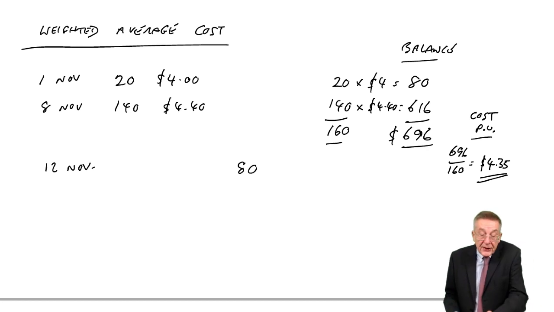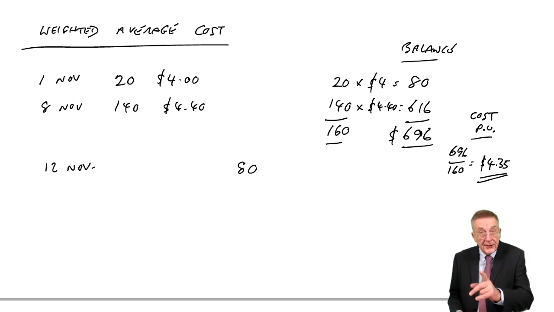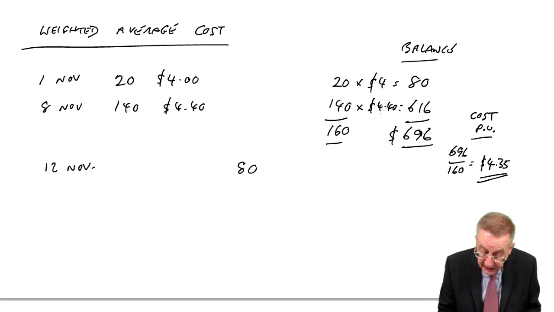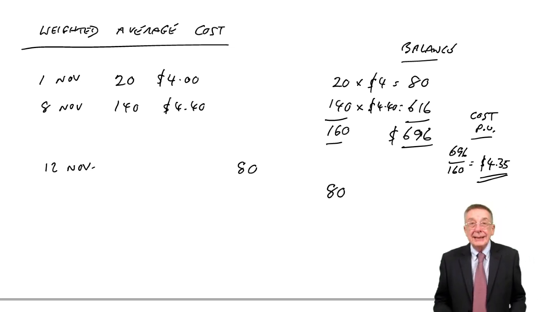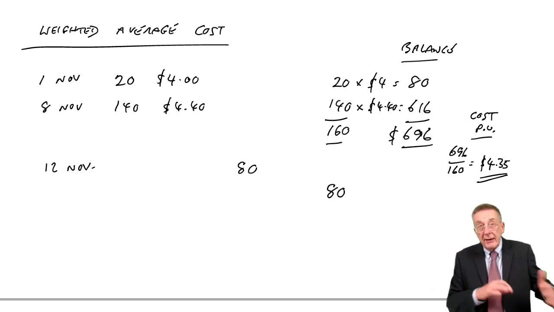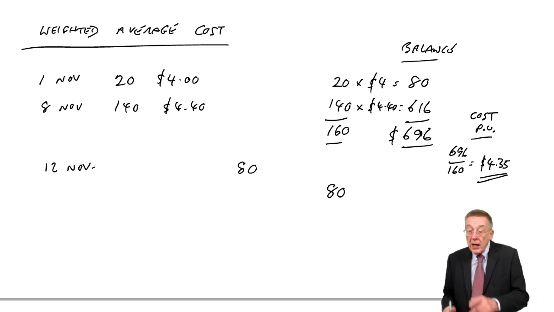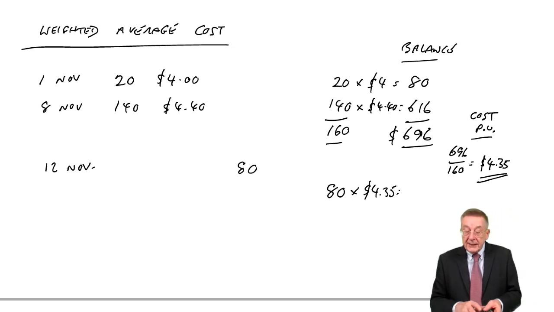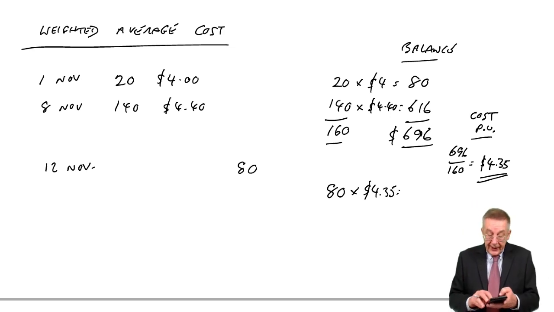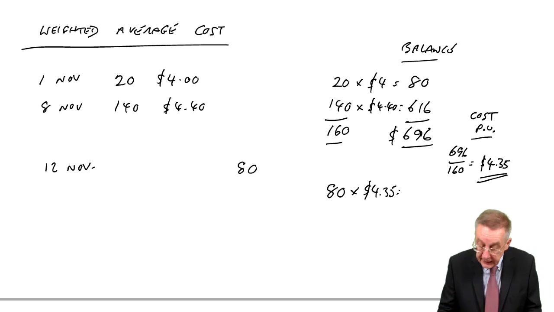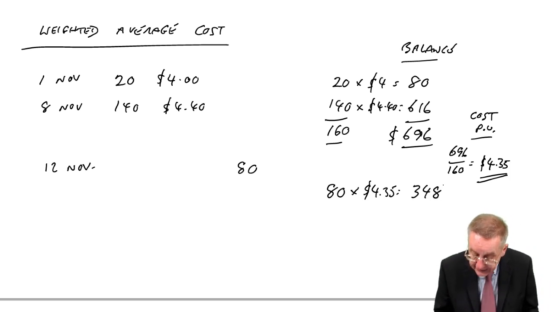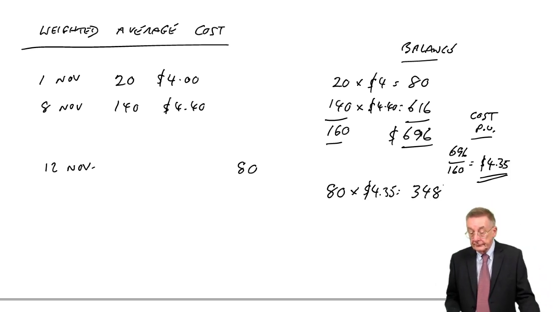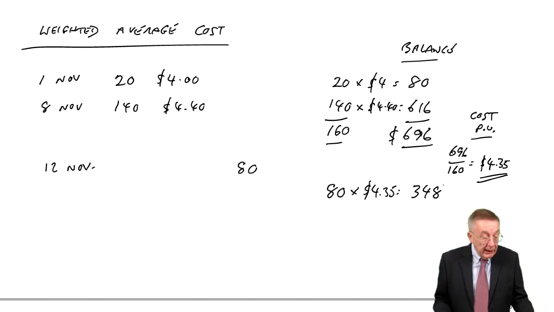And we say, okay, we've sold 80 of them, so there were 160. If we sell 80, we've 80 left. And again, instead of saying, oh, they're $4 units or they're $4.40, we'll value them at the average of 4.35. So the 80 units left at that stage would be valued at 348. But let's carry on.